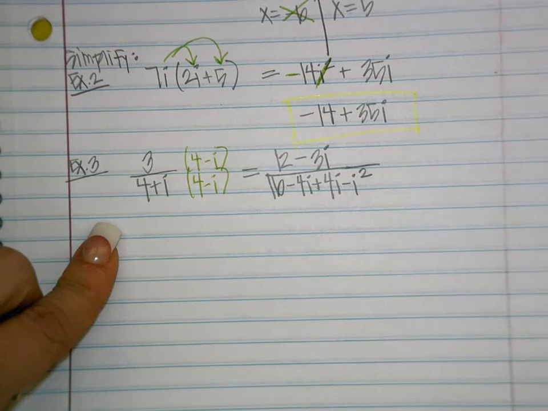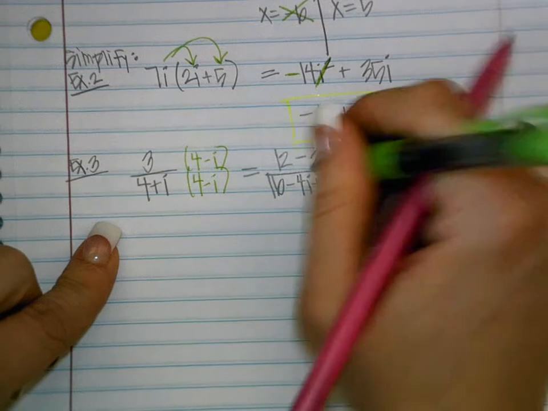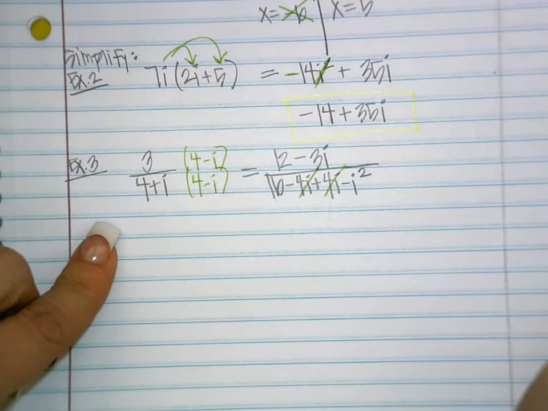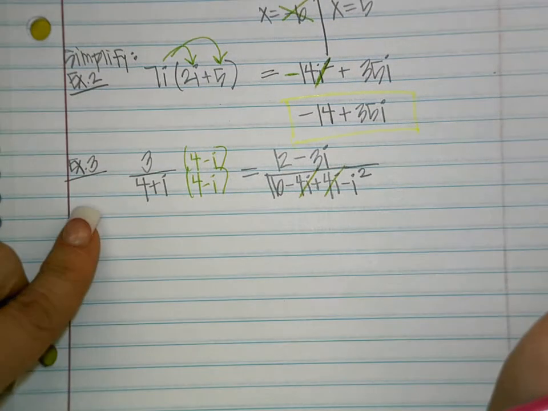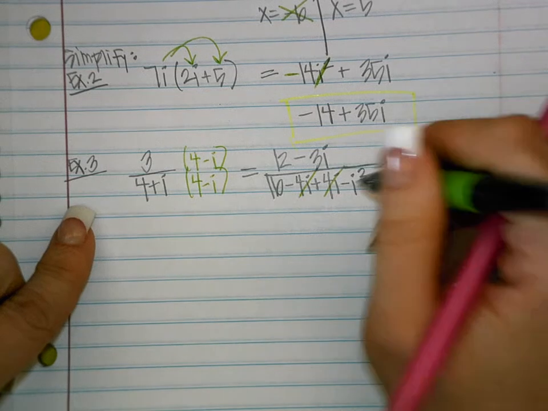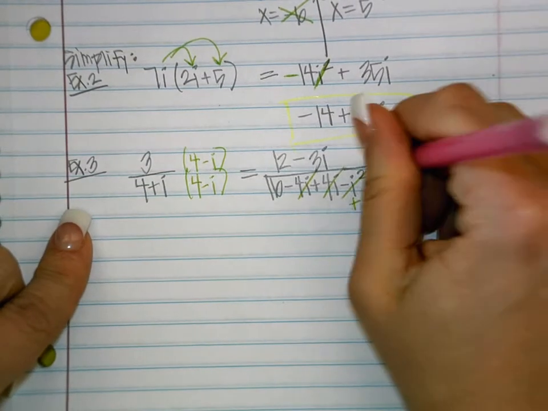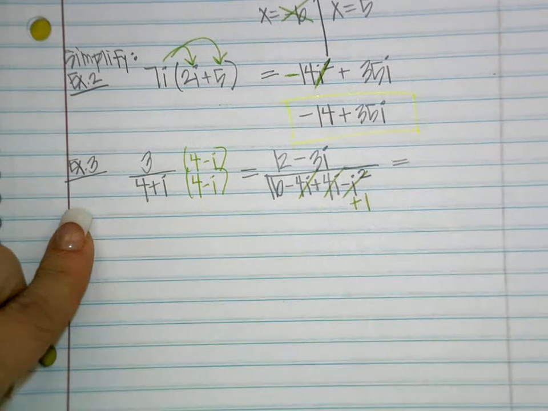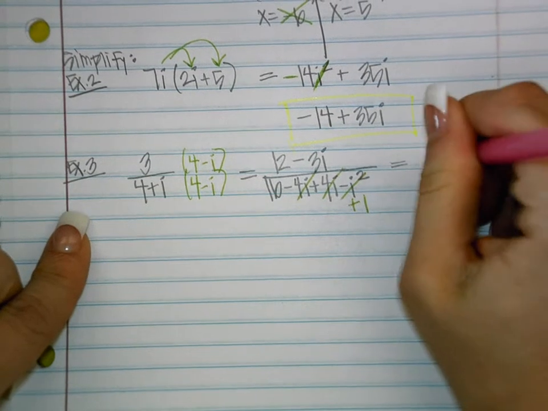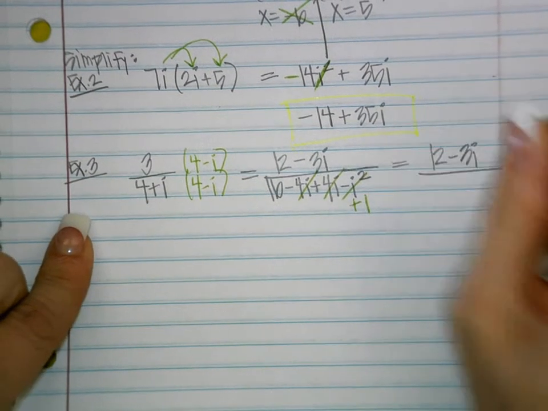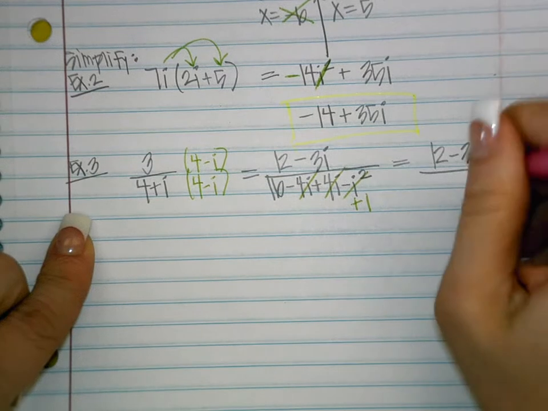Combine your like terms. So the 4i and the negative 4i, these are going to cancel. What does negative i squared turn into? A plus 1. So if we combine like terms, the top stays exactly like it is. So 12 minus 3i. Over 16 plus 1 is 17.